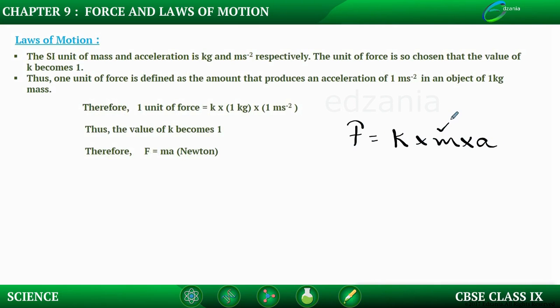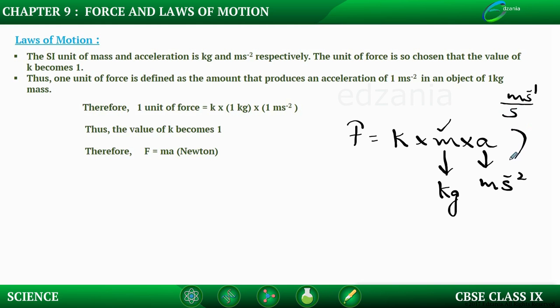The SI unit of mass is kilograms and the SI unit of acceleration is meter per second square. Because acceleration is given by velocity upon time, and the SI unit of velocity is meter per second and the SI unit of time is seconds, it comes out to be meter per second square.